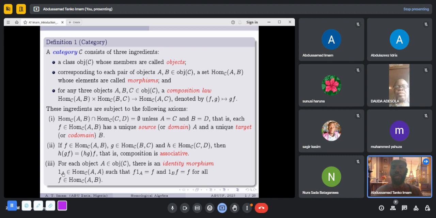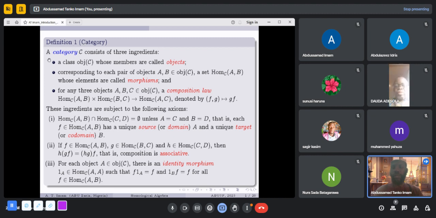So there is a unique morphism, which we label 1_A. And this unique morphism should satisfy the property that f composed with 1_A should be equal to f, and 1_B composed with f should be equal to f, if you think of 1_B as a morphism from B to B, and f is a morphism from A to B.